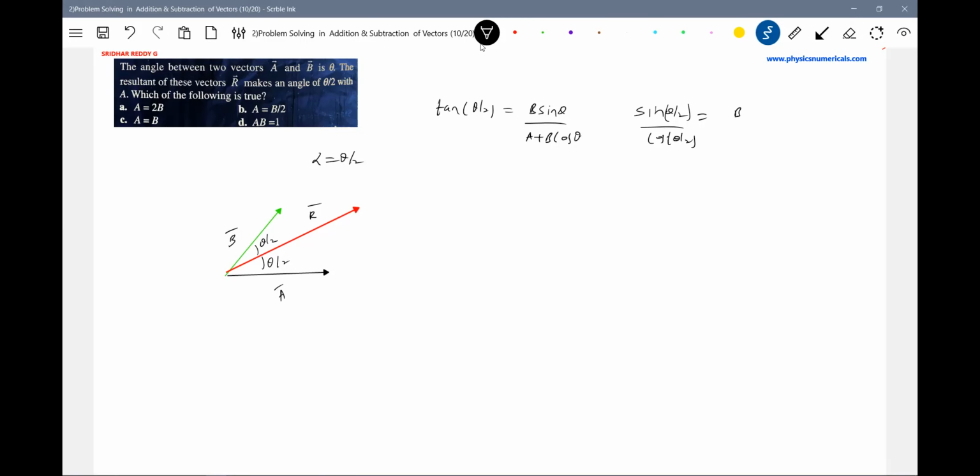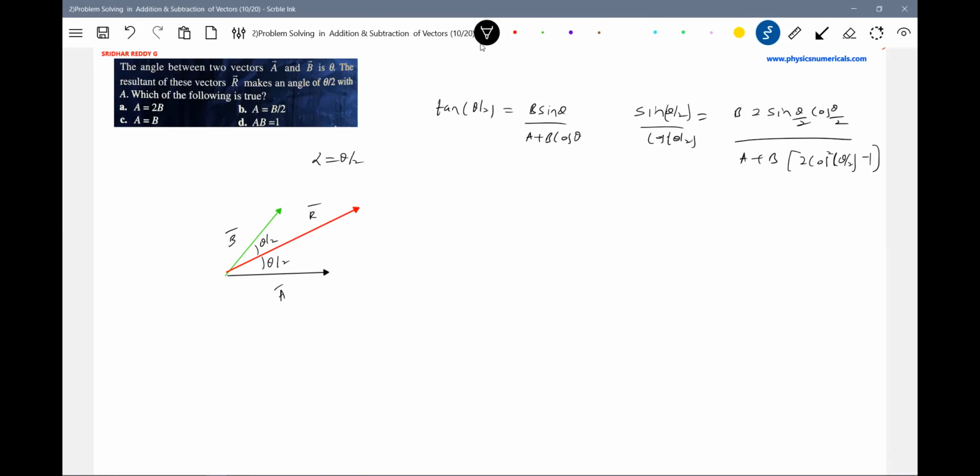B sin theta, I'll expand it as 2 sin theta by 2 cos theta by 2. Cos theta, what to write? It will become 2 cos square theta by 2 minus 1. One sin theta by 2 will get cancelled out.